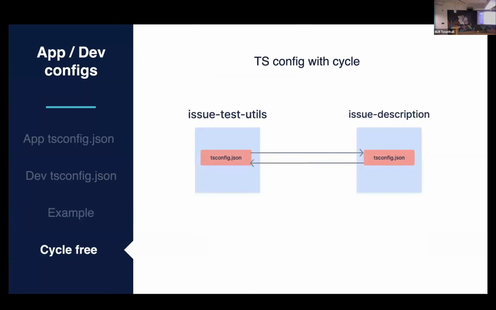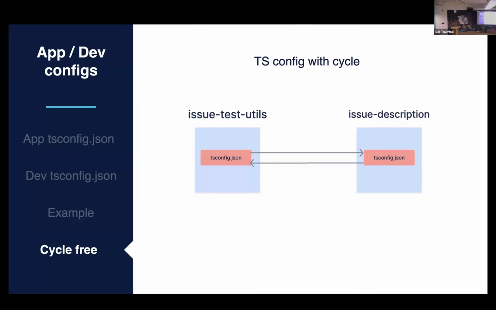So now let's see how this helps us break the cycle, right? Previously, if you had just a tsconfig.json, so if you remember the references where you need to declare your dependencies for project references, issue test utils would say, hey, I need issue description first to be compiled before I can compile myself. And issue description would say, I need issue test utils to be compiled before you can compile myself.